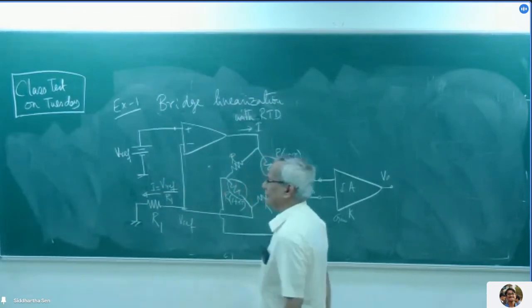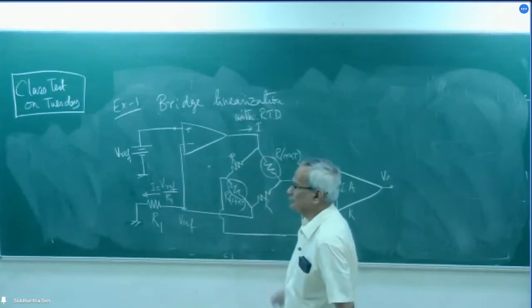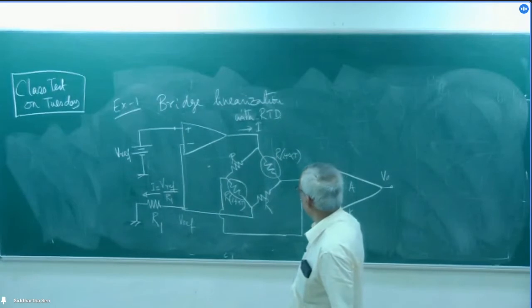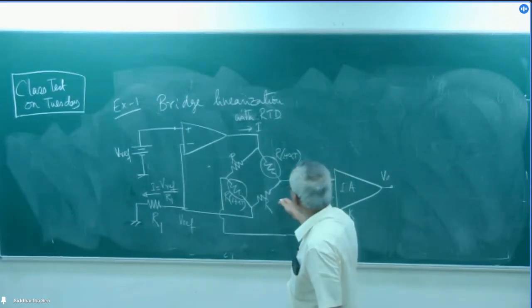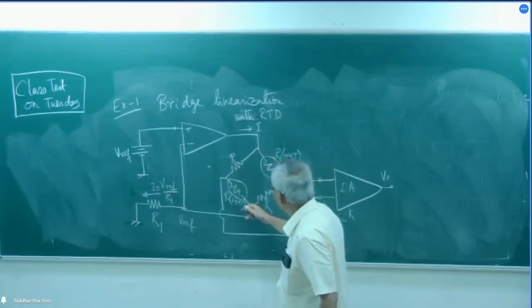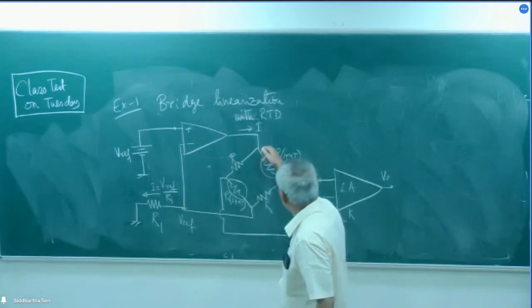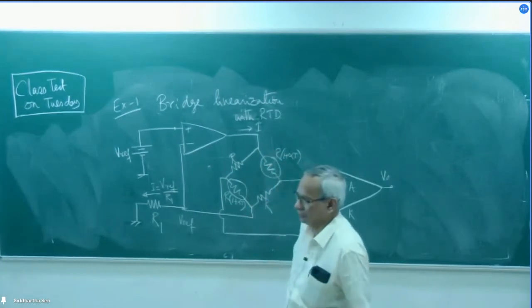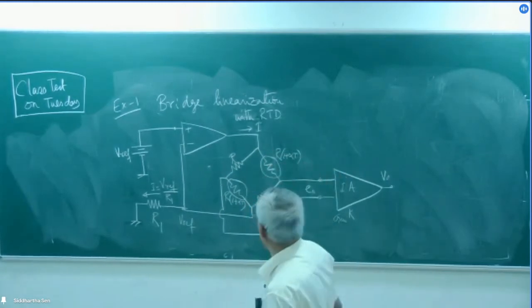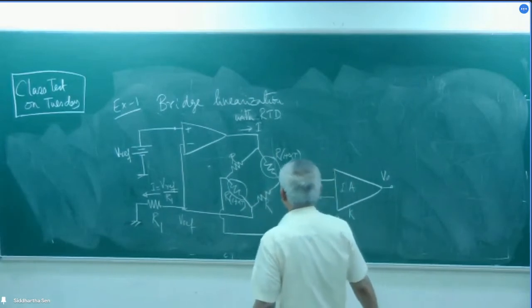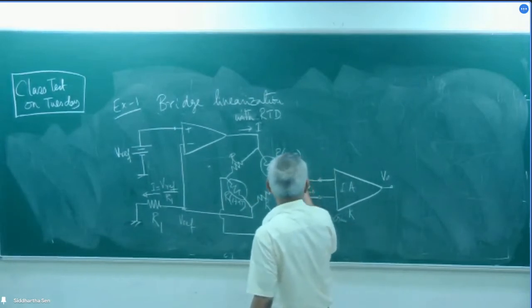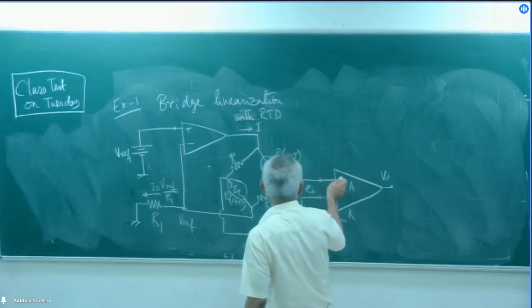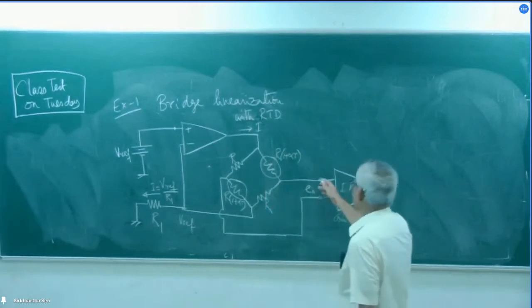Now look at this circuit, this bridge. You see this is one path, another is this path. So the current I is divided into two parts, and obviously this instrumentation amplifier does not draw any current. It just amplifies some voltage.